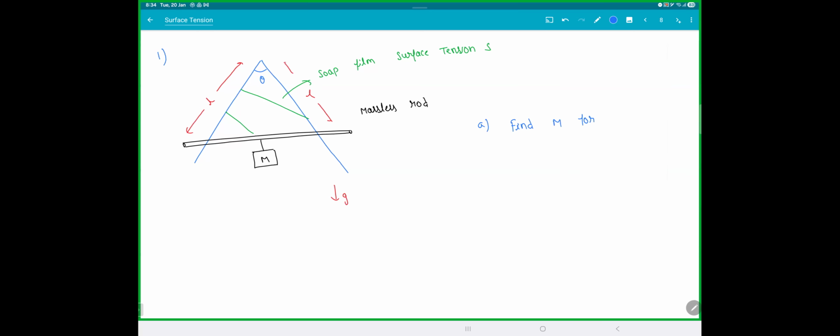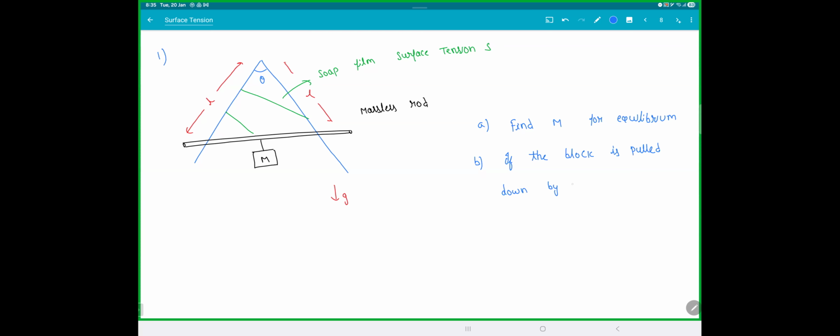So basically, last time, remember I showed you that video there, we had a rectangle like this and the soap film is pulling that rod left and right. So find M for equilibrium. If the block is pulled down by X and released. So when it is in equilibrium, you caught the block and you pulled it down by X. And then you released it.